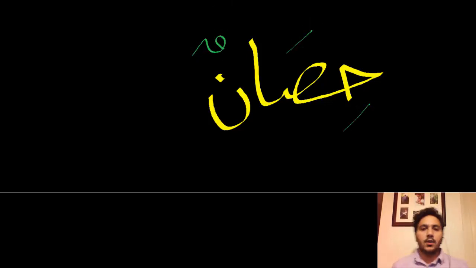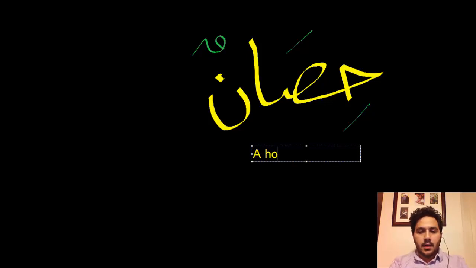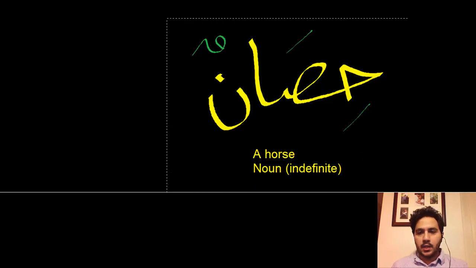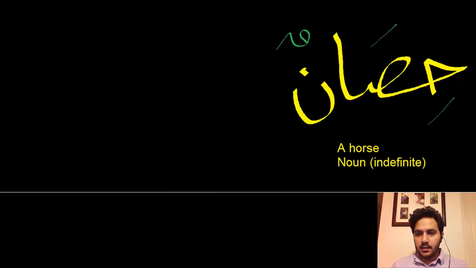Hisanun, or in English, a horse. And it's also a noun, and it's indefinite. And when we add our definite article, we are going to make it definite. We're going to go from a horse to the horse.